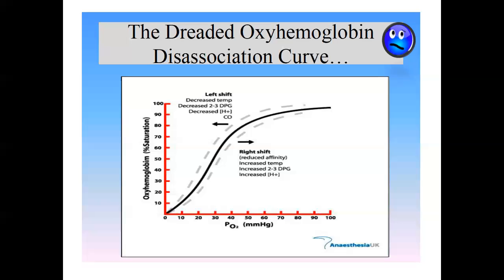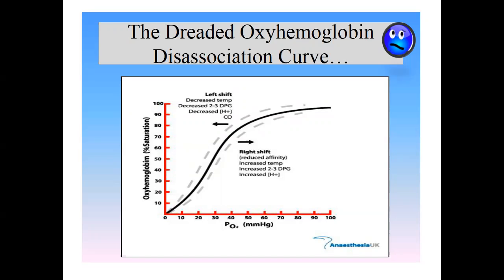This is a byproduct of red blood cell metabolism and red blood cell destruction. When red blood cells are differentiated in the bone, basically this is where 2,3 DPG is created.